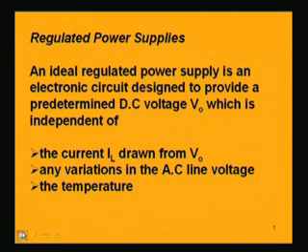Now, how is the output voltage affected by any change in the AC line voltage, by the current drawn, and by temperature change?